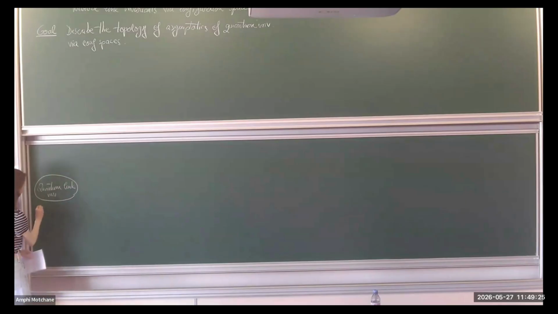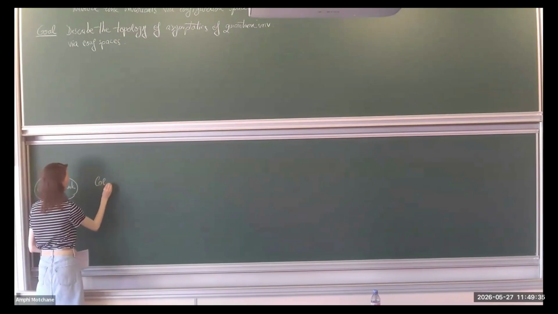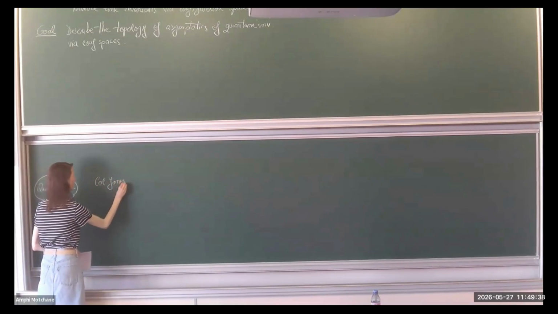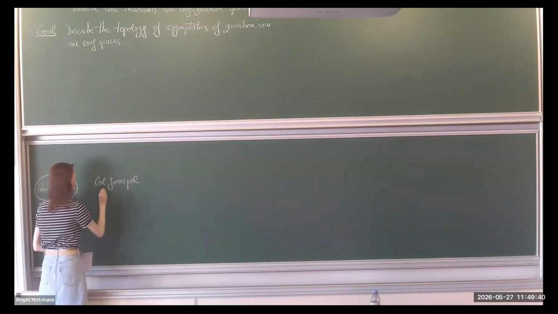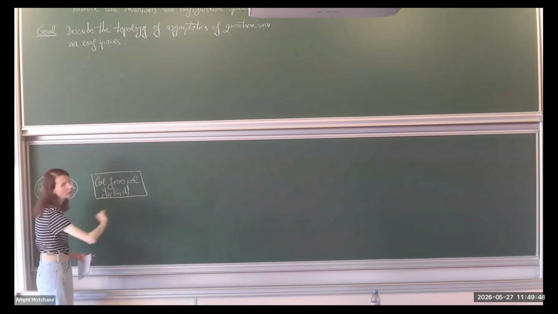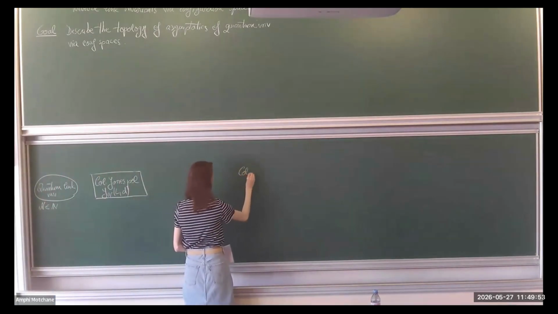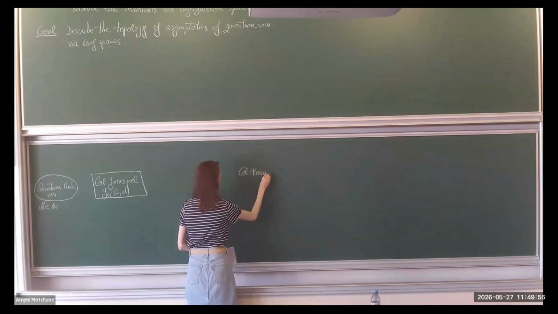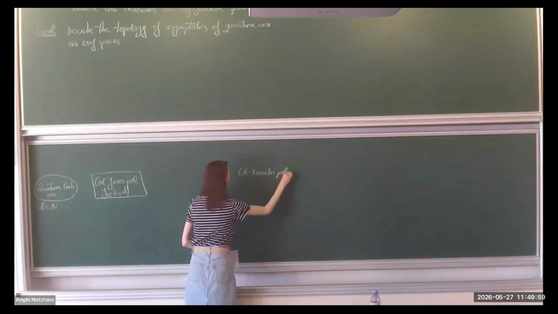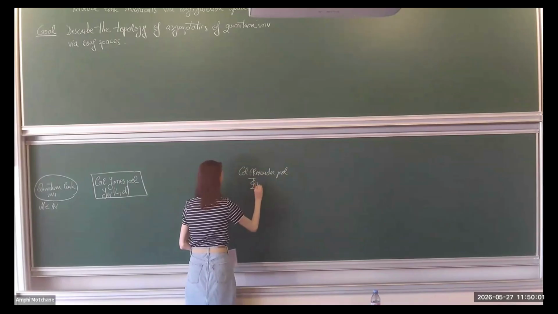So more precisely, if I fix a natural number n, we have two sequences of invariants, namely the colored Jones polynomial and, on the other side, the colored Alexander polynomial, which often is called the ADO polynomial.